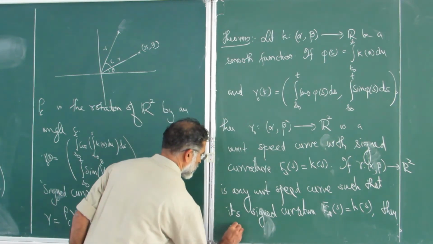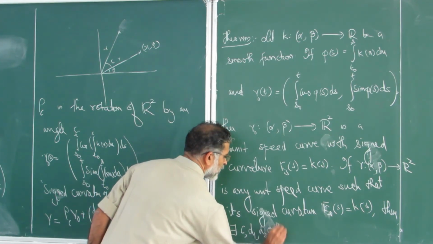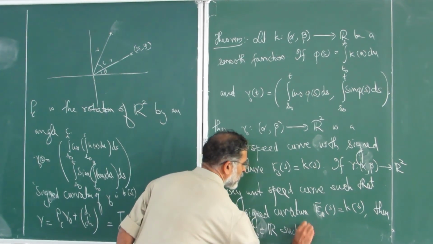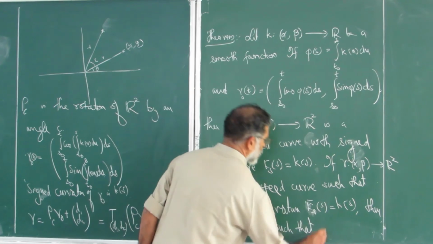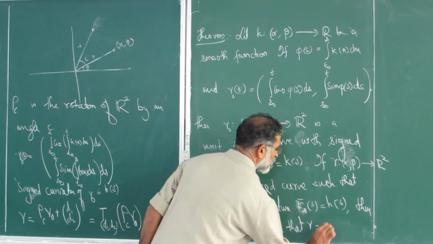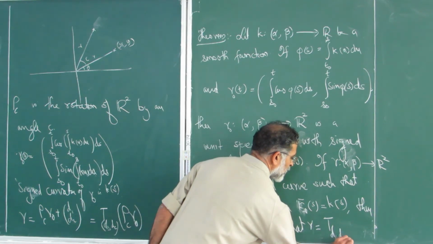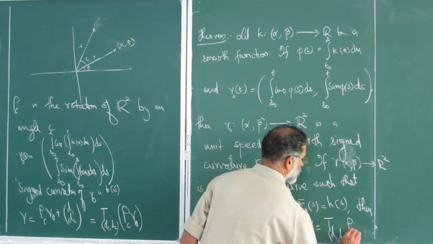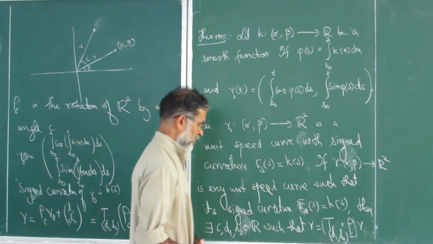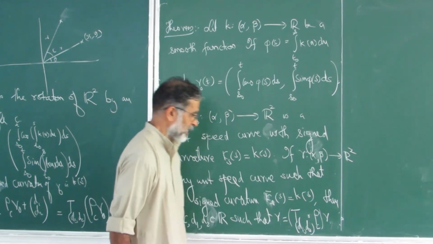there exist C, D1, D2 in R, three real numbers, such that your gamma is equal to, write it as a composition, rotation by C followed by a translation by vector (D1, D2).